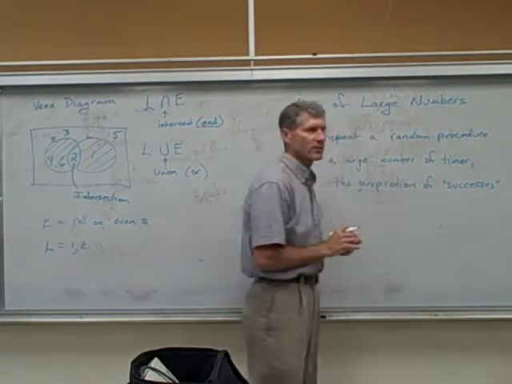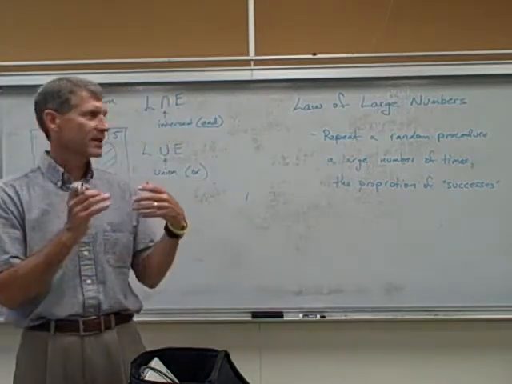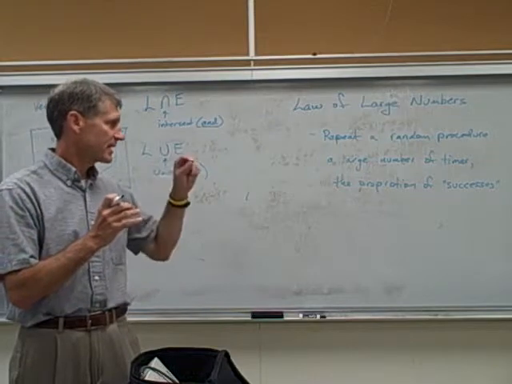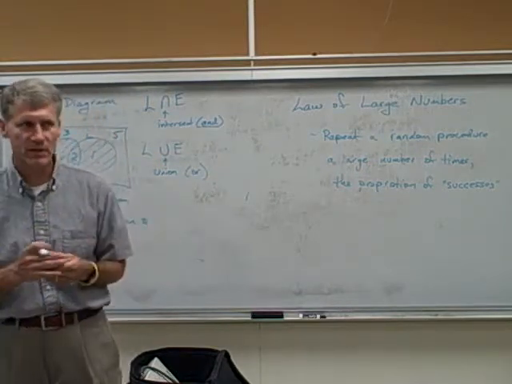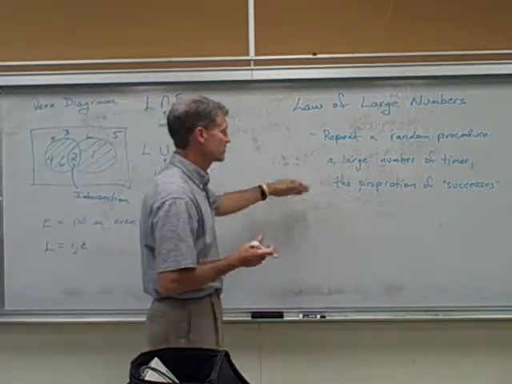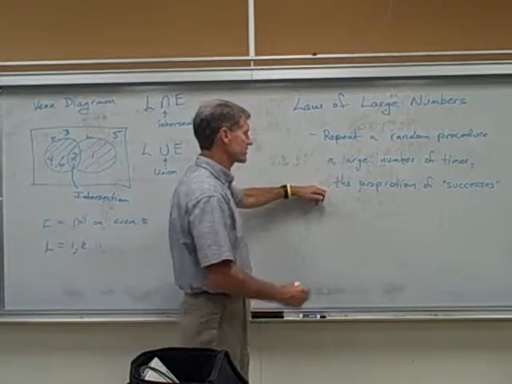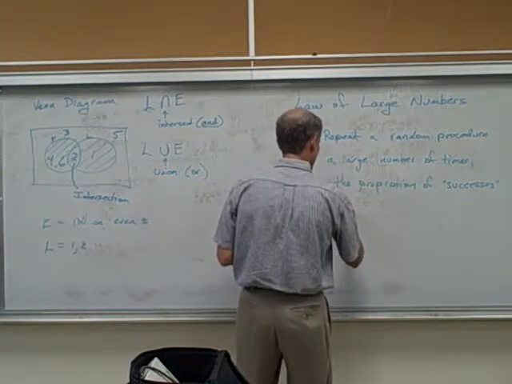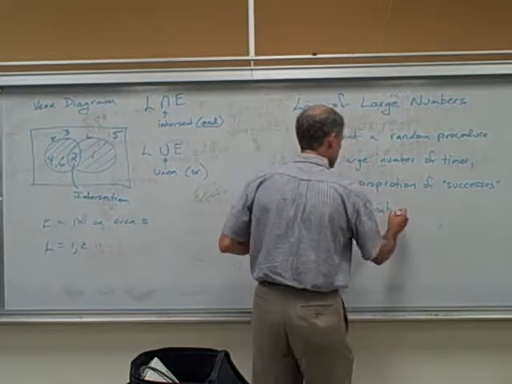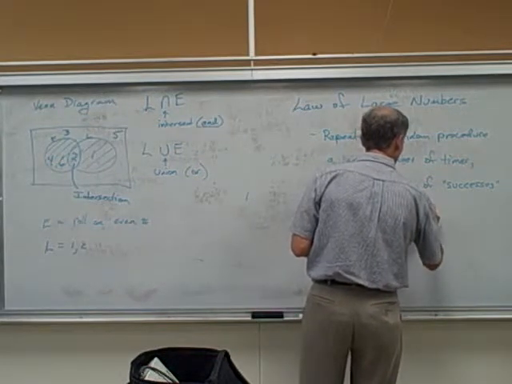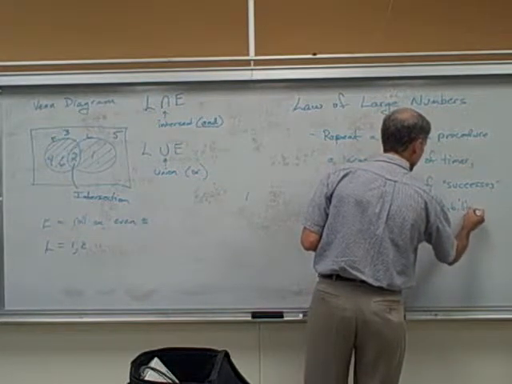So if you're talking about flipping a coin, you might say, well, let's count the number of heads. So getting it to land heads is a success. If I'm rolling a die, I may say, well, let's call a 1 a success, or whatever. But just, if you repeat a random procedure a large number of times, the proportion of successes will approach the probability, the true probability of success.